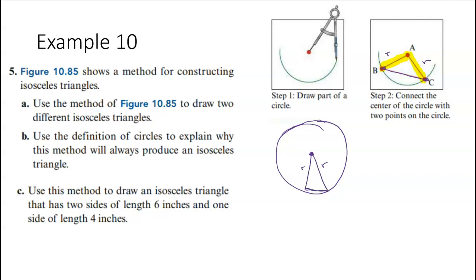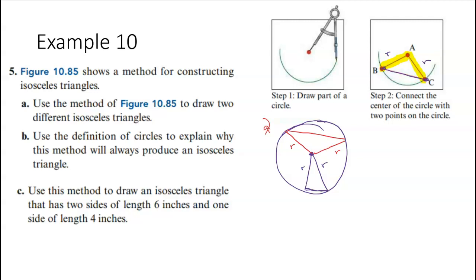Now, what if I didn't want to even draw a new circle? What if I just wanted to draw a different isosceles triangle? Well, those are still the radius. I just connect those. Now, use the definition of circles to explain why this works. Well, I just did. We're dealing with the radius, and that's always going to be equal. So this is a foolproof way to always draw isosceles triangles.